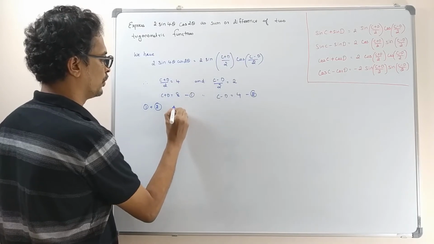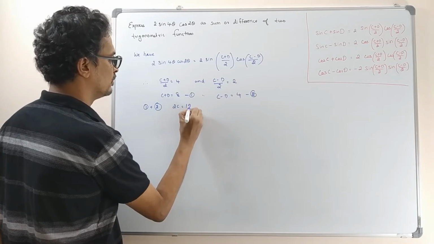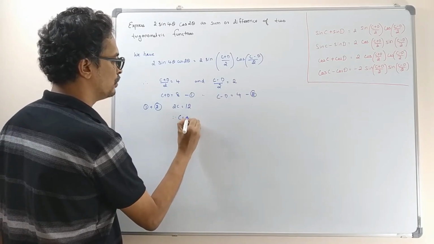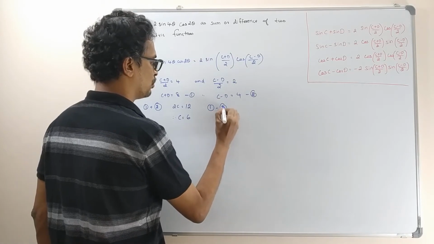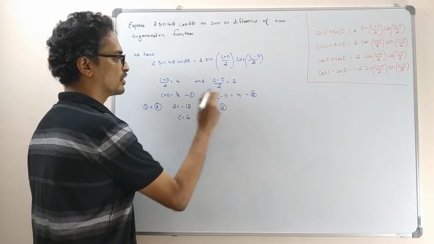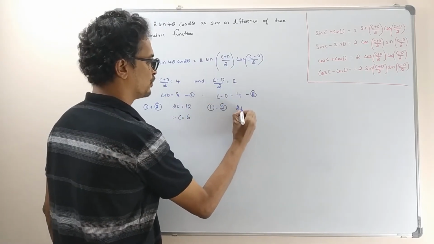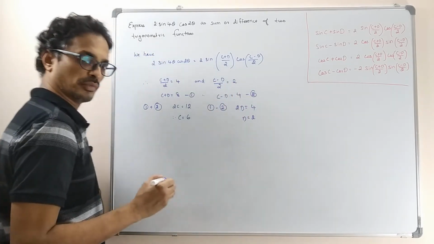Now 1 minus 2 will be equal to what? 2 times d is equal to 4, so d equal to 2.